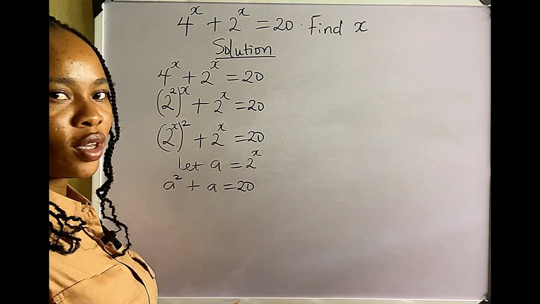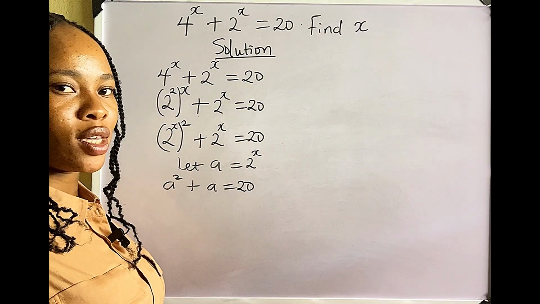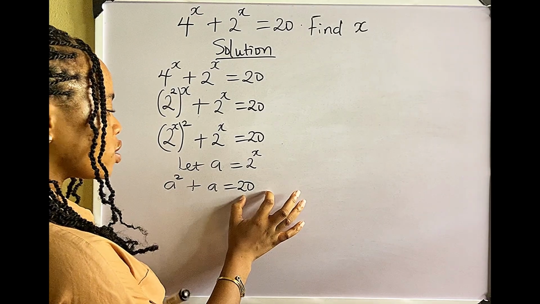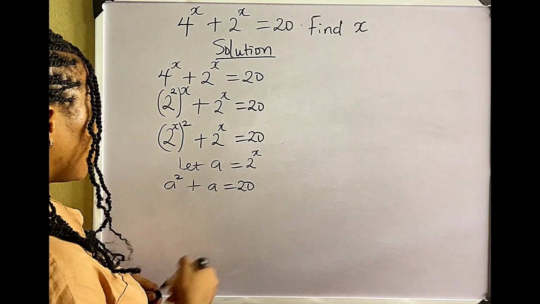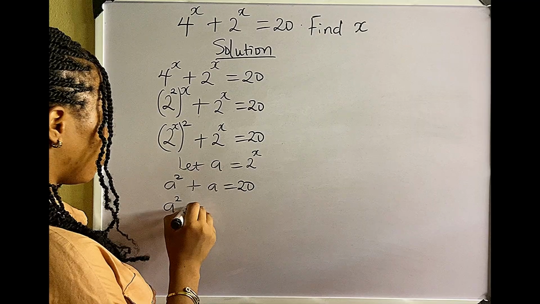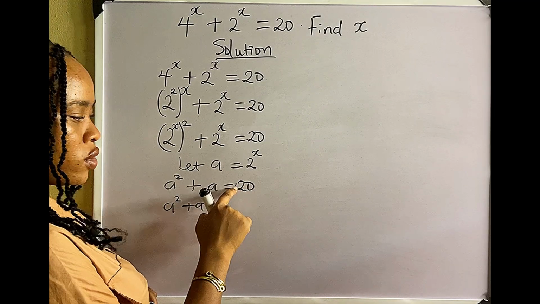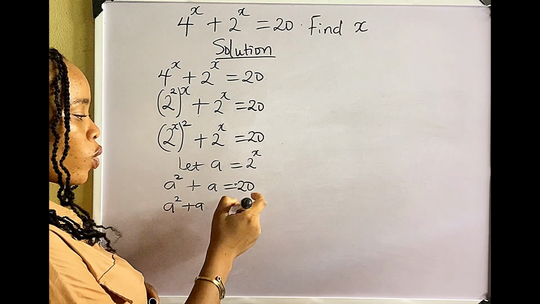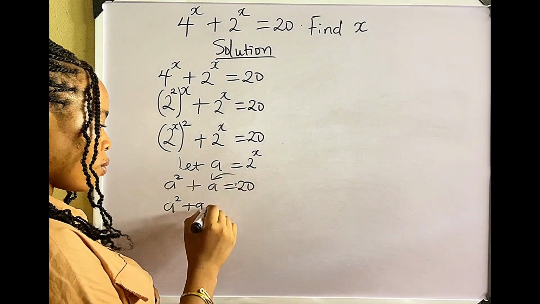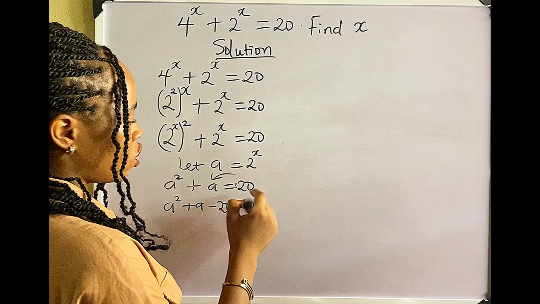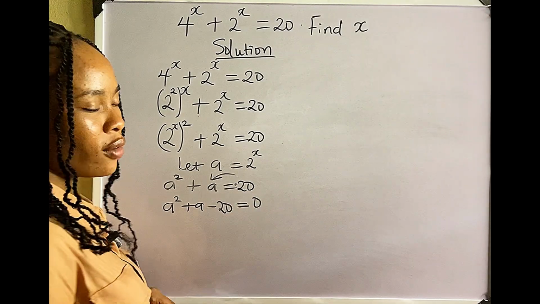Now you can see that we are beginning to have a quadratic equation. So from here, I would move 20 over to this side, so this becomes a^2 + a. Now plus 20 has an invisible positive sign here, so when it crosses, it becomes negative 20 equals, nothing is left here, so we have 0.